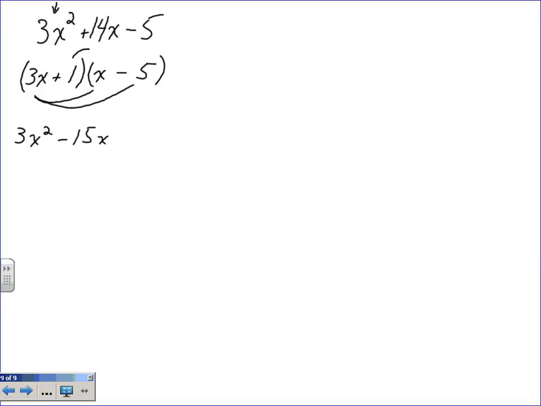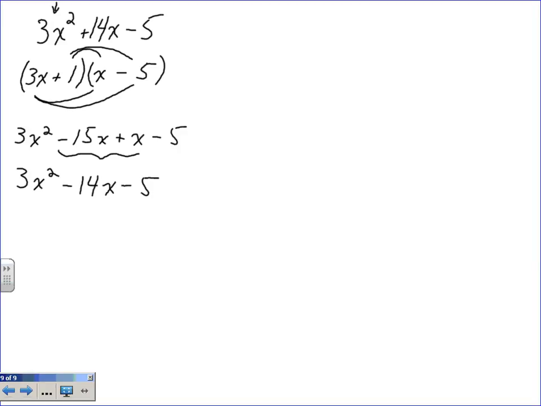And then 1 times x is 1x. We don't need the 1. And then 1 times negative 5 is negative 5. When I combine these two middle terms, I have 3x squared minus 14x minus 5.